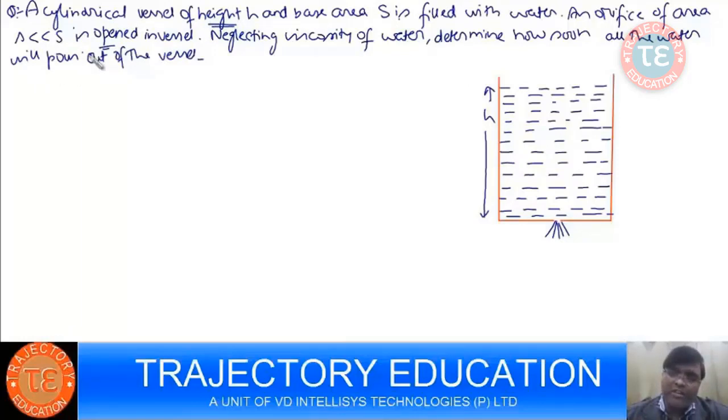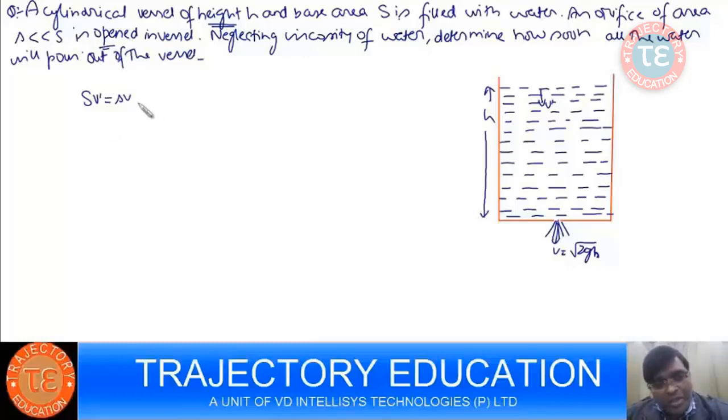In that case, if suppose water comes out with velocity v, this velocity is going to be root 2gh, Torricelli theorem, right? And suppose this velocity is v dash, and I can say Sv dash is small sv.